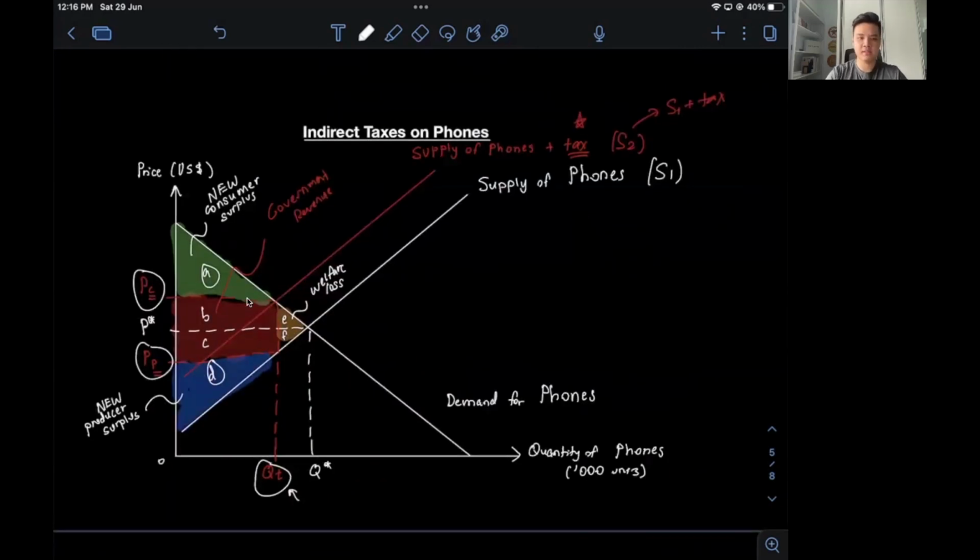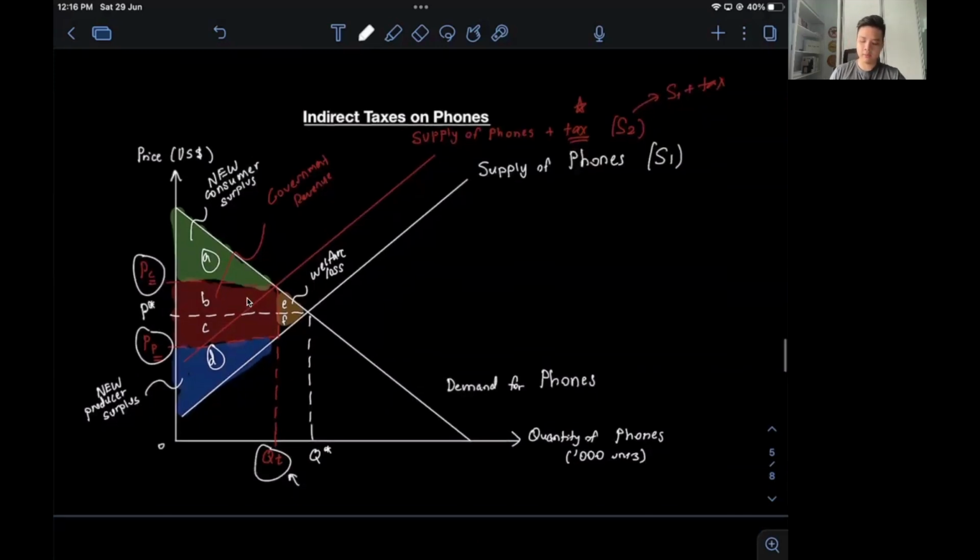Besides producers being worse off, workers will also become worse off, because with lower quantities of phones demanded and supplied, in theory, fewer workers are needed to produce phones and to sell phones. So unemployment could potentially increase as a result. Now, the only beneficiary of indirect taxes would be governments, because they receive revenue.